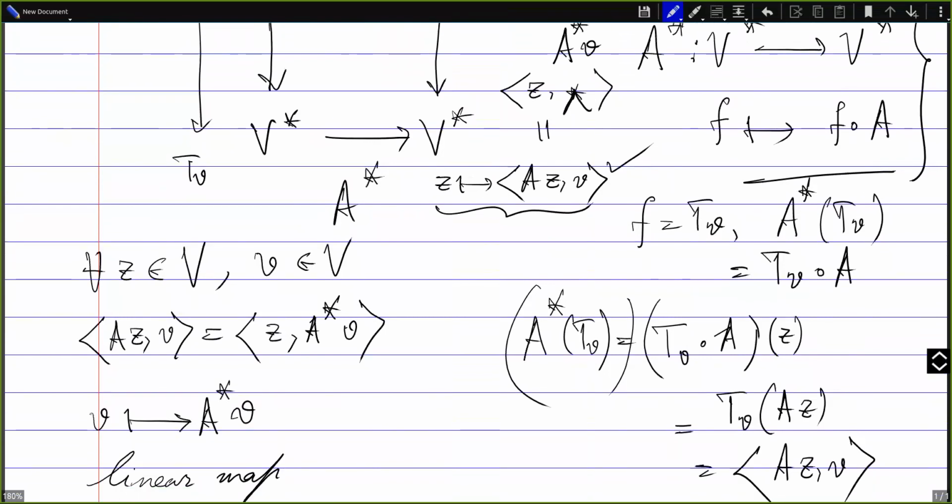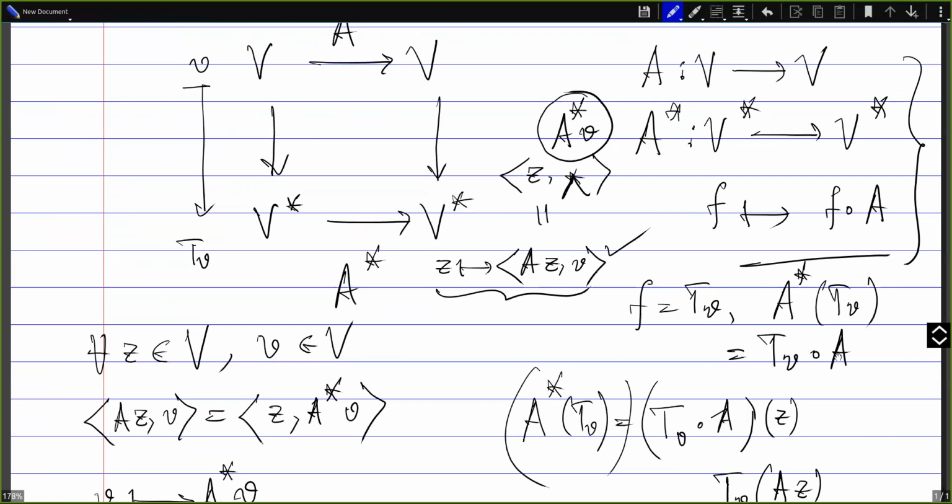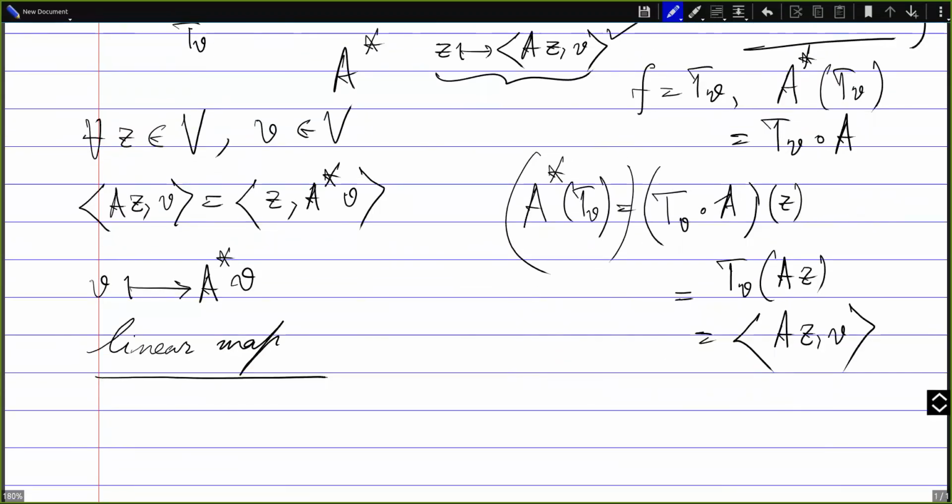Again, until now you should not confuse that with the image of the vector V under the map A star. That doesn't make sense yet, but shortly we will see that it will make sense.